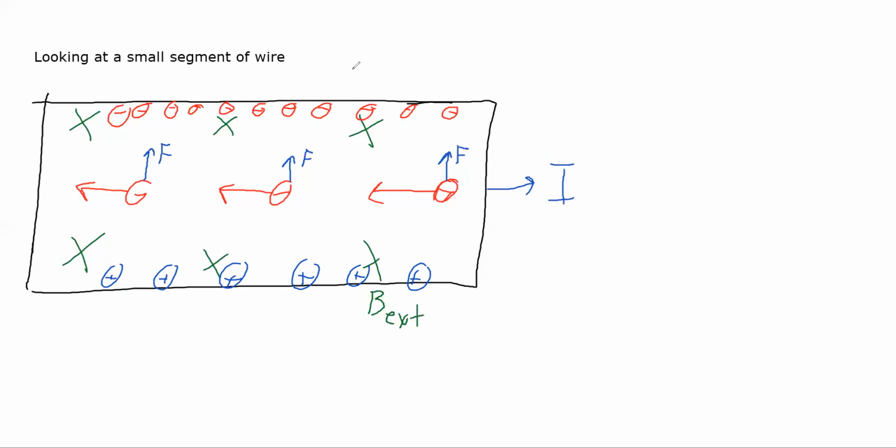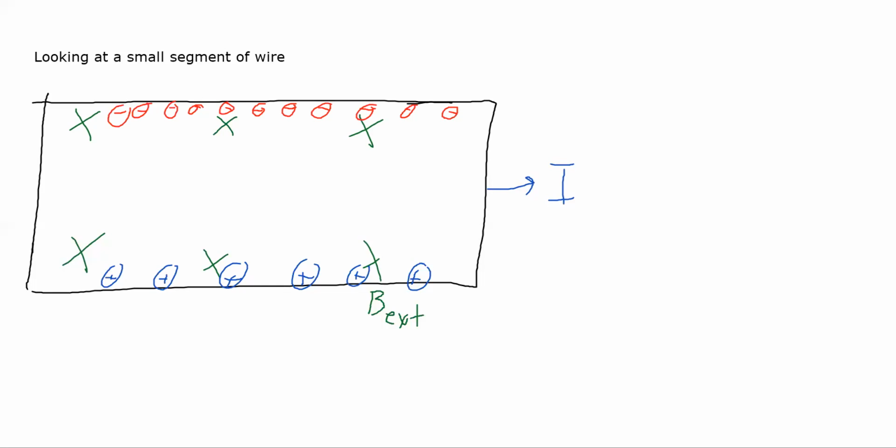Let me erase these electrons really quick, the ones in the middle, because we know what's happening to them. Okay, so we start to have the separation of charge, and if we have a separation of charge here, that means we're going to have an electric field being created inside the wire. Let's see, I'll do electric field.